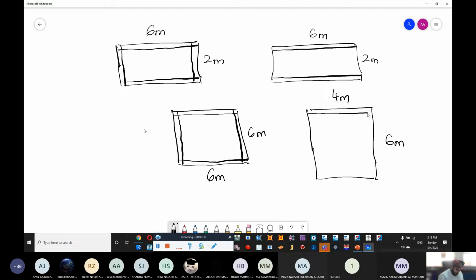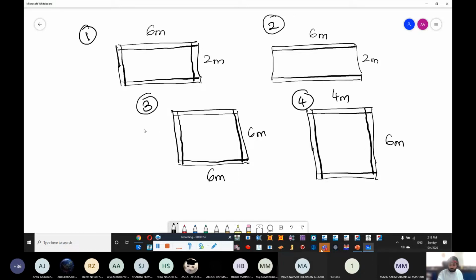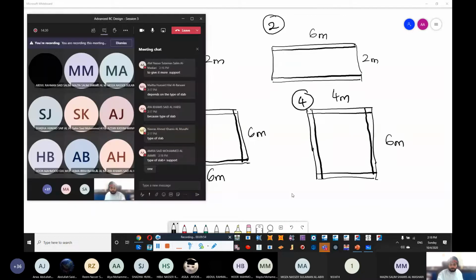Okay. Now, can you tell me if this is case number 1, for example? Case number 1 is one way or two way? One way.